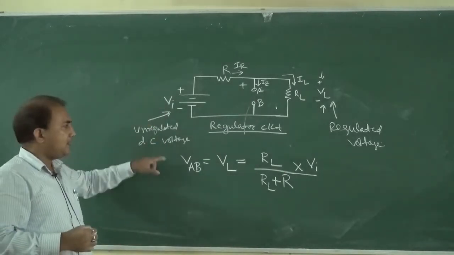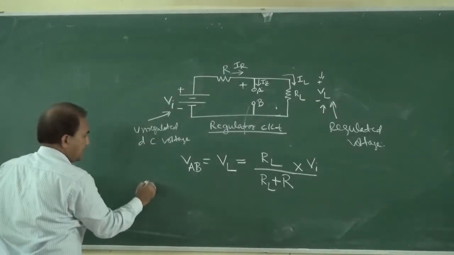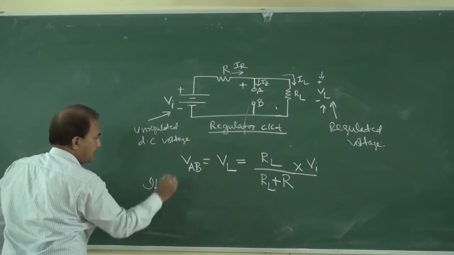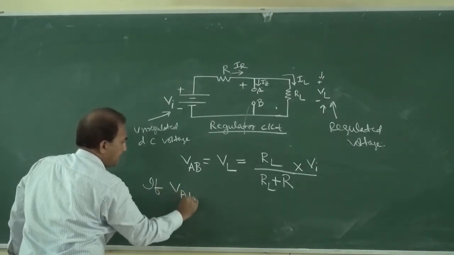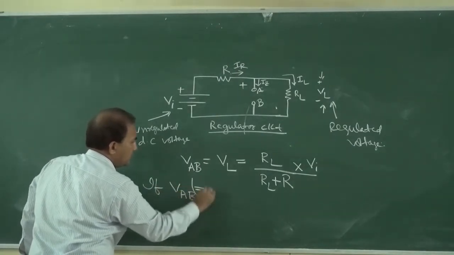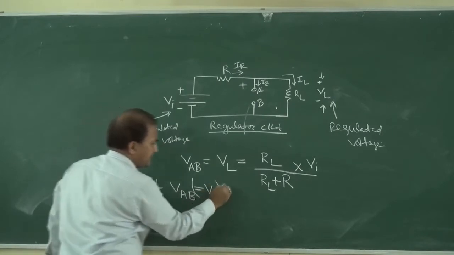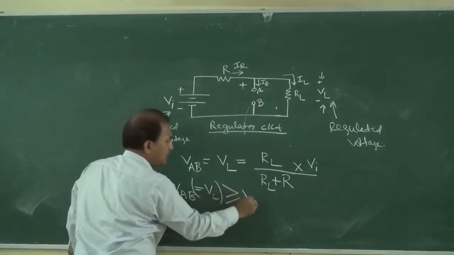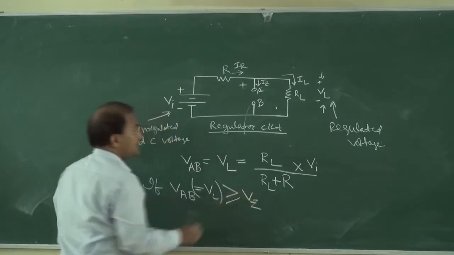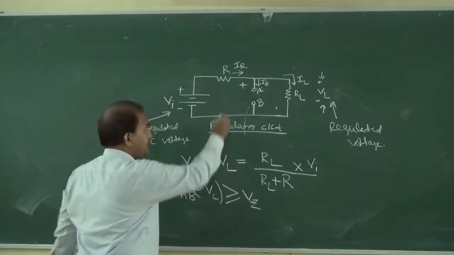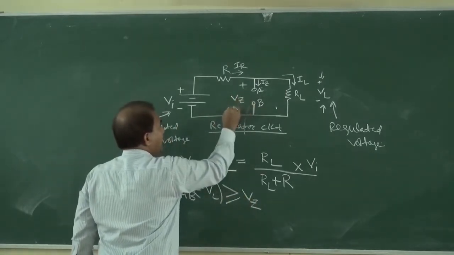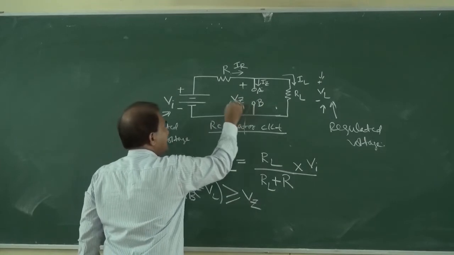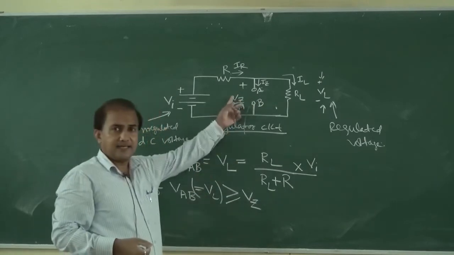Now, if VAB, which is equal to VL, is greater than or equal to VZ, that is specified, VZ and PZM, this VZ is the breakdown voltage.